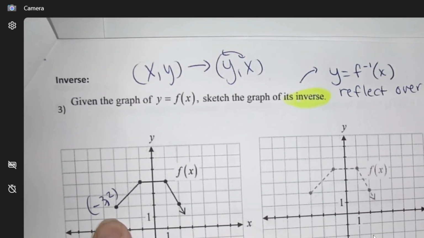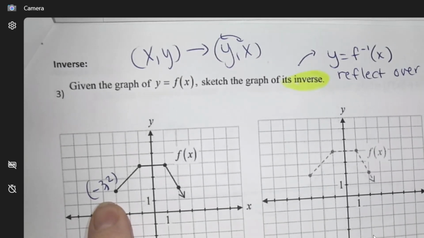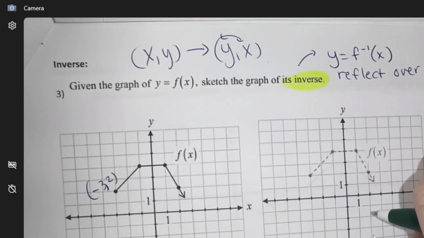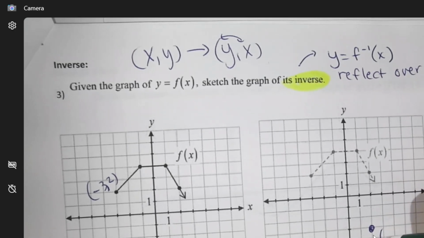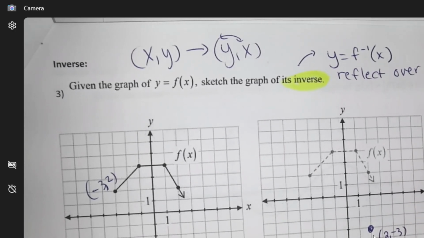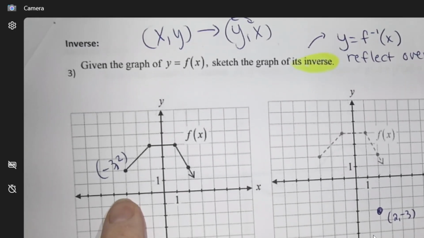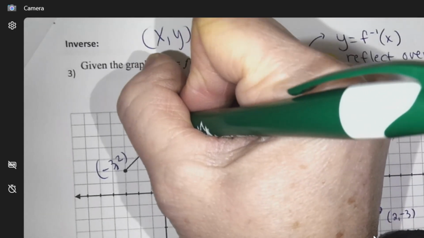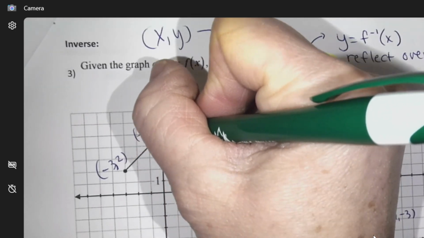This coordinate is negative 3, 2. So I'm going to go to 2, negative 3. So that's what I'm doing. Negative 3, 2 becomes 2, negative 3. Negative 1, comma 4.